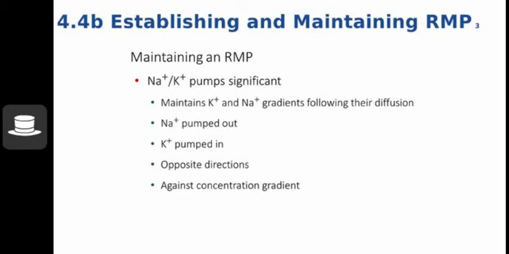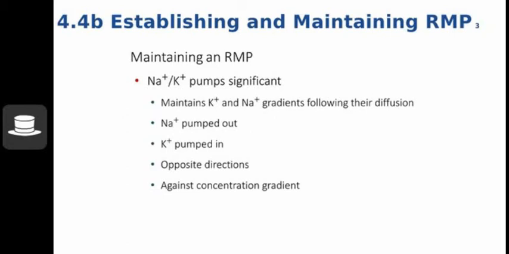So as the sodium-potassium pump keeps on kicking around, we're going to pump 3 sodium out and 2 potassium in. Remember, they're going in opposite directions against their concentration gradient because we're spending energy to do this. And remember, we're putting one less positively charged ion into the cell, making the membrane negative.